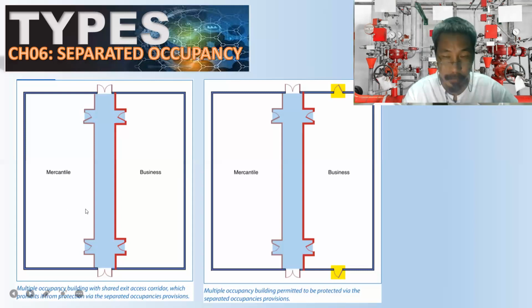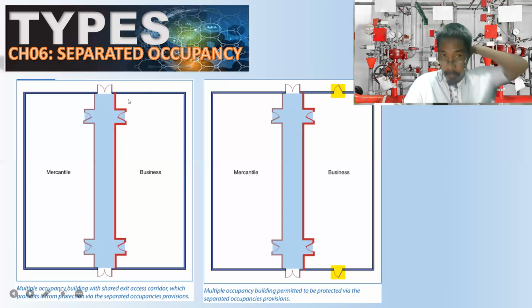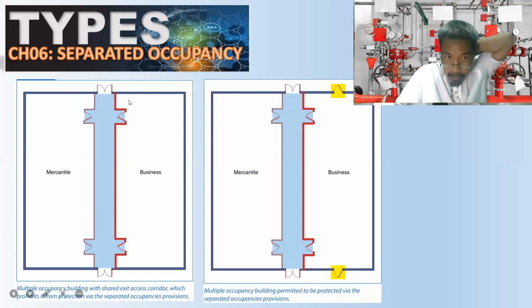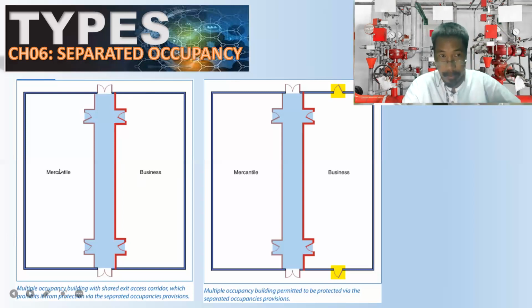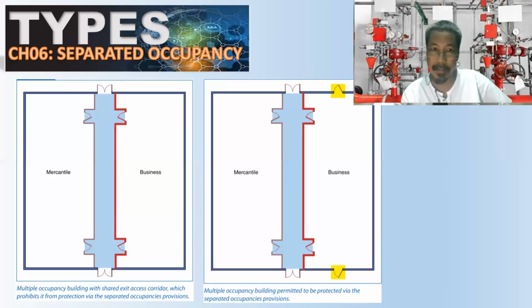So as you can see, there are 2 types of occupancy and they are separated by these red lines. These red lines are representative of a different material, a fire-rated material, okay, that separates business from mercantile.